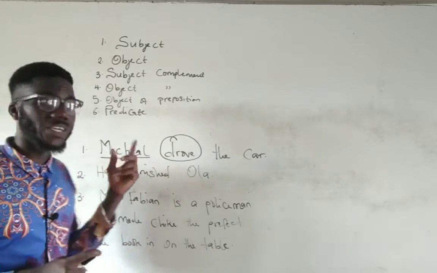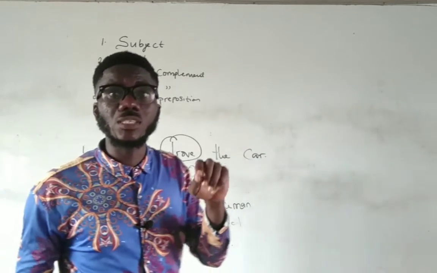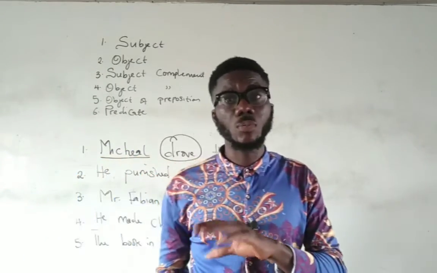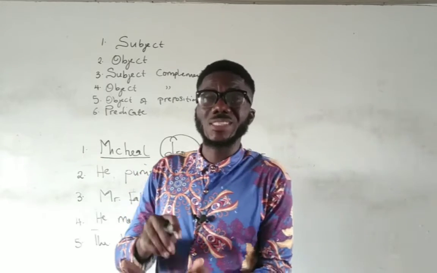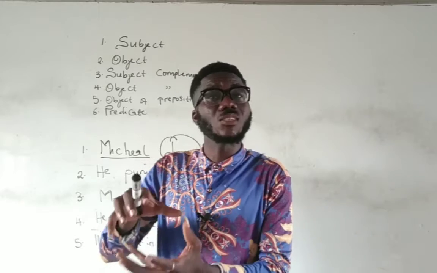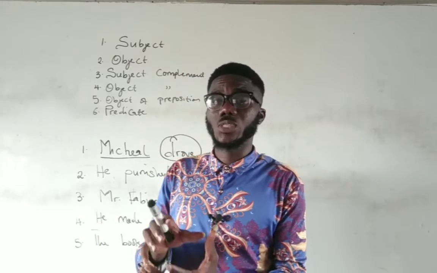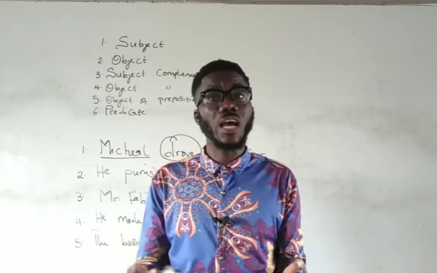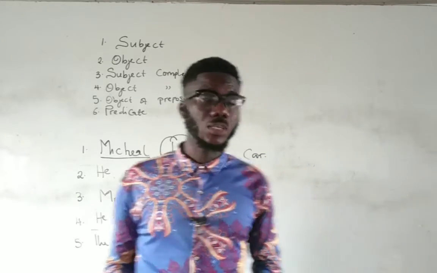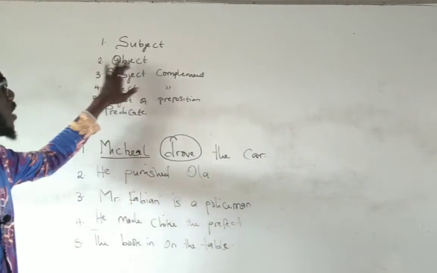Therefore, Michael here is the subject of this sentence. This sentence is talking about Michael. The subject of the sentence is the part of the sentence that the sentence is focusing on. Or some persons will say that it is the part of the sentence that performs the action in that sentence.